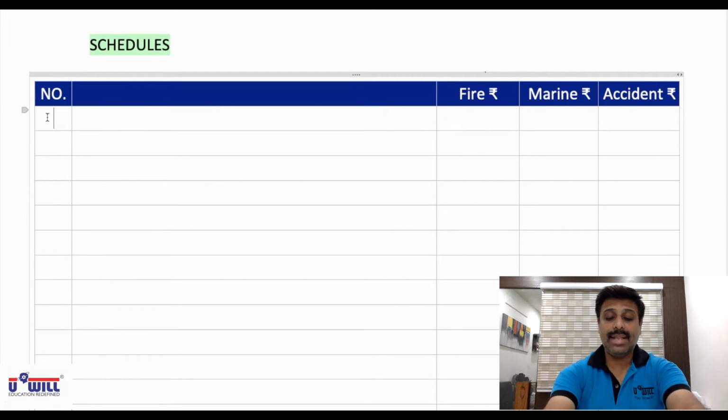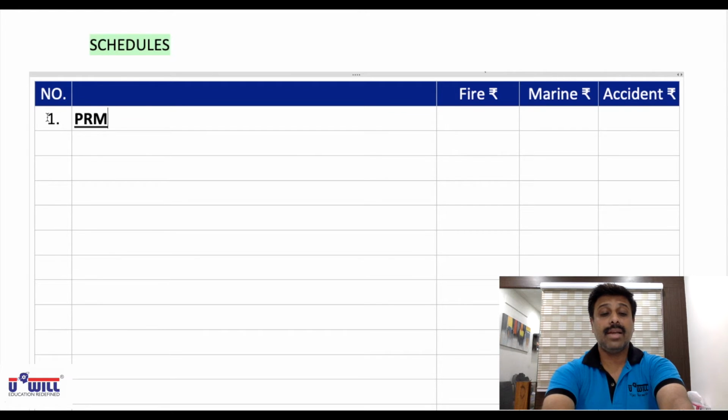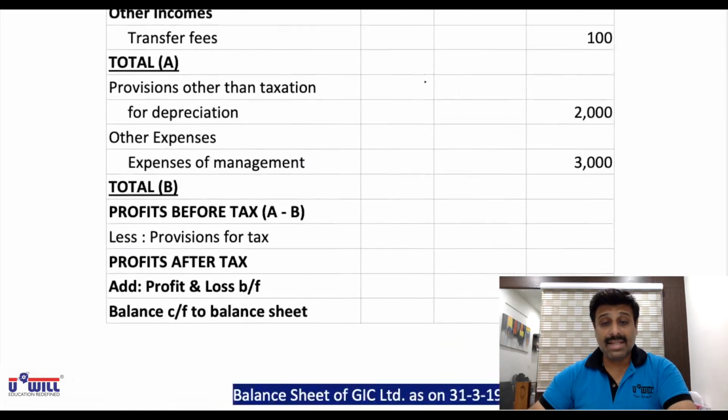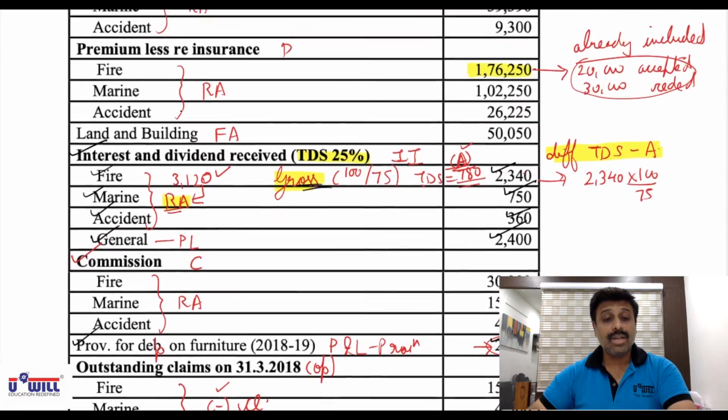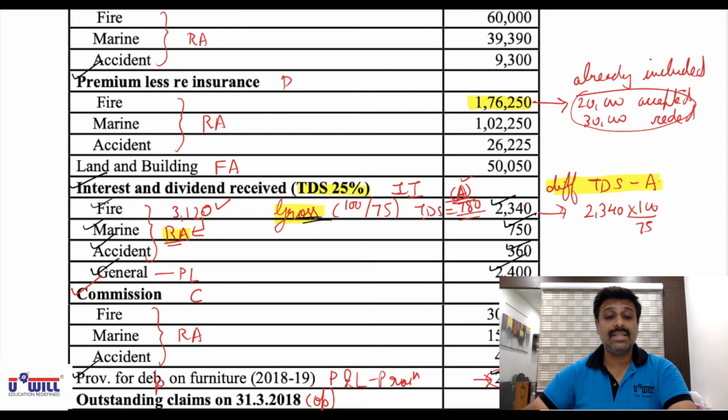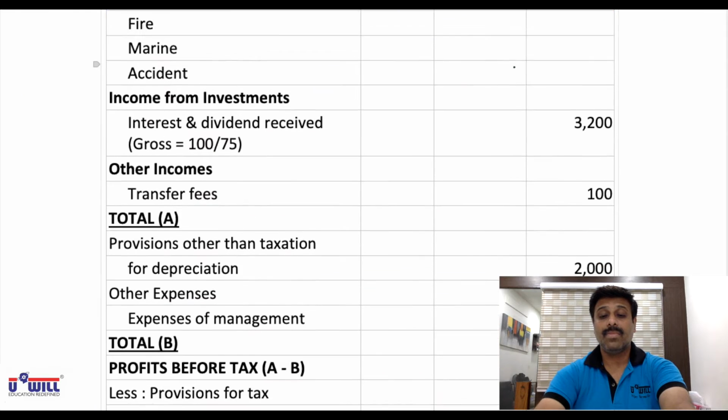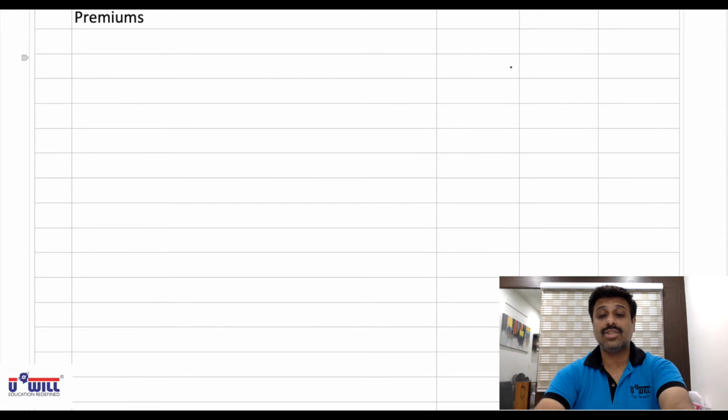I hope you all are done with that. Now first we will show premium income. In that, first we will show premiums given in the trial balance, directly marked as P. You all can see here premiums less reinsurance: fire column 176250.